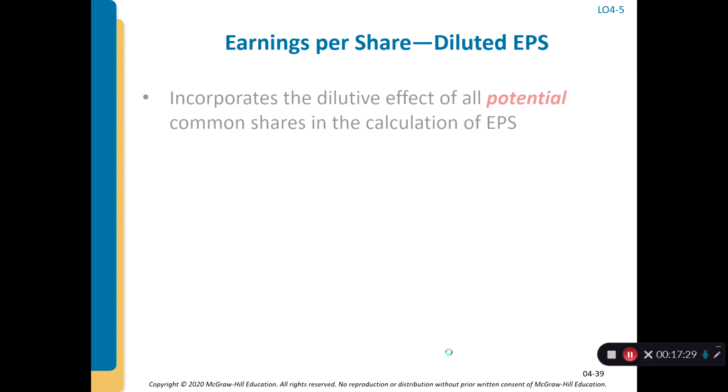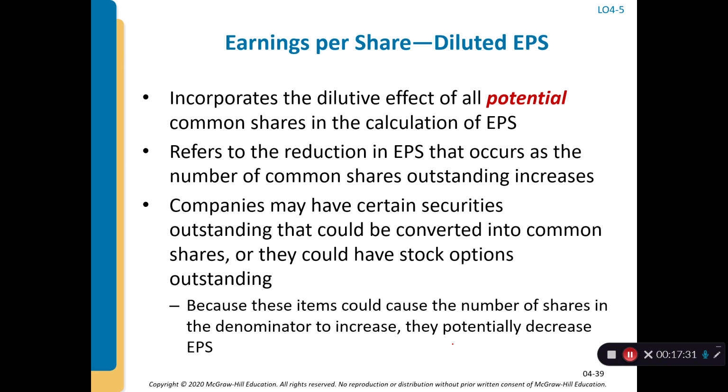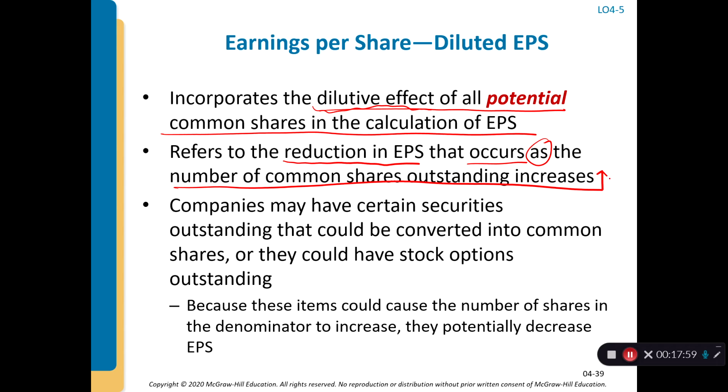Okay, and then what is diluted earnings per share? Diluted earnings per share incorporates the dilutive effect of all potential common shares in the calculation of EPS. So what is the dilutive effect that is meant here? The dilutive effect refers to the reduction in EPS that occurs only because the number of common shares outstanding increases, right?